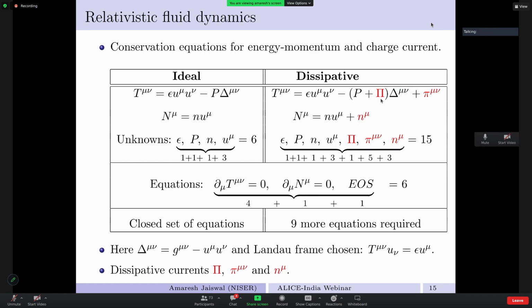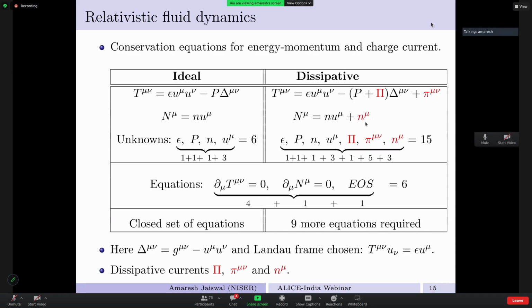So capital pi is the bulk viscous pressure. This is essentially a dissipation which resists the change of volume, so an overall expansion is inhibited by capital pi. Pi mu nu is the shear stress tensor. It resists the change of shape. So if you try to deform the medium, this is the resistance given by the fluid.